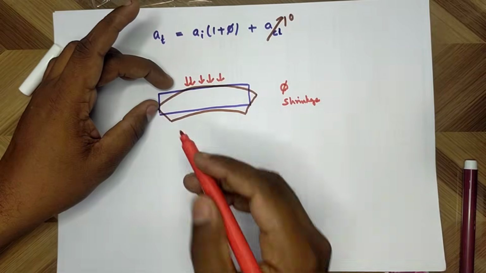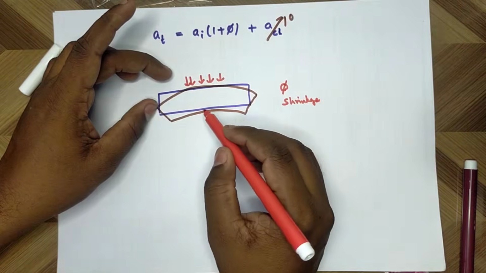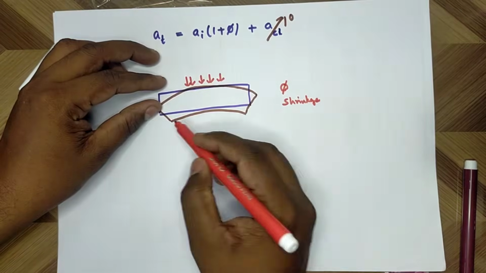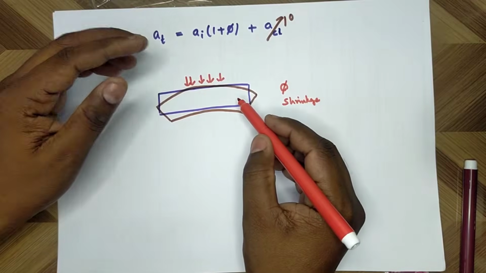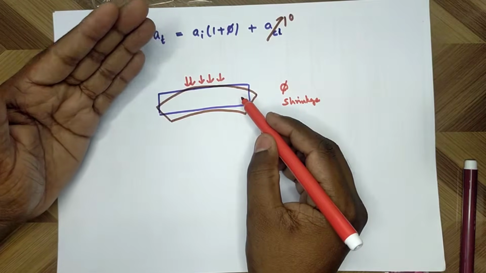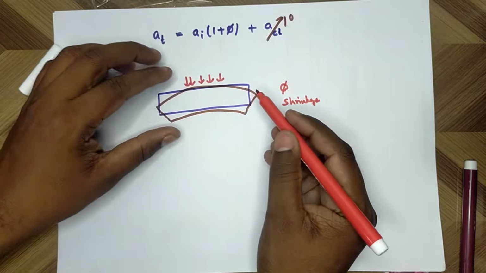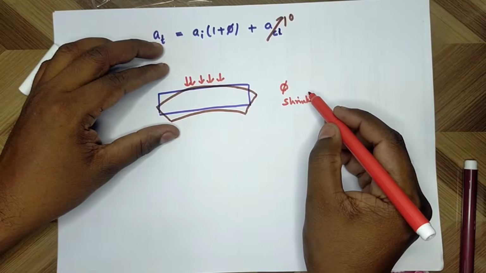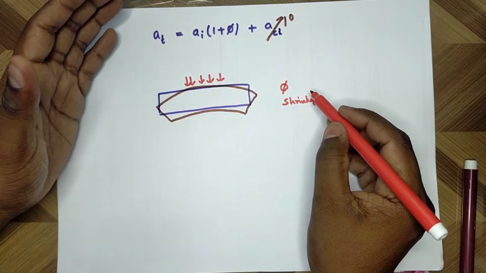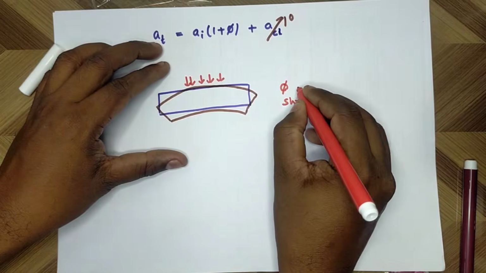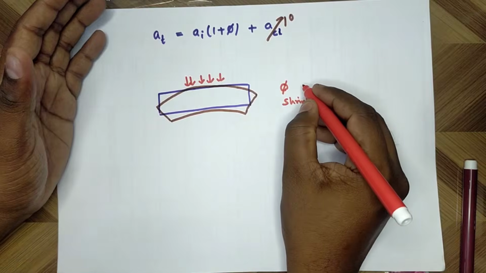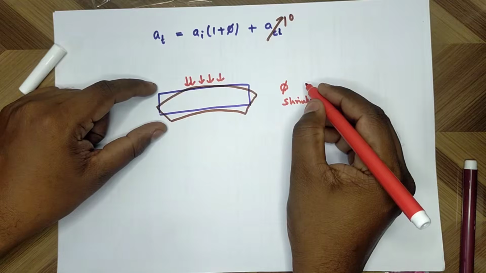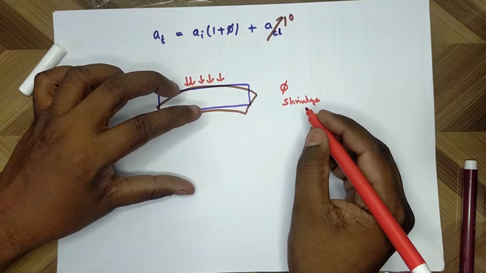Hope you are clear. This load tries to push the curvature. It may lead to a decrease in the camber, but creep causes the deflection to increase with time, while shrinkage causes loss of prestress, which in turn reduces upward camber.